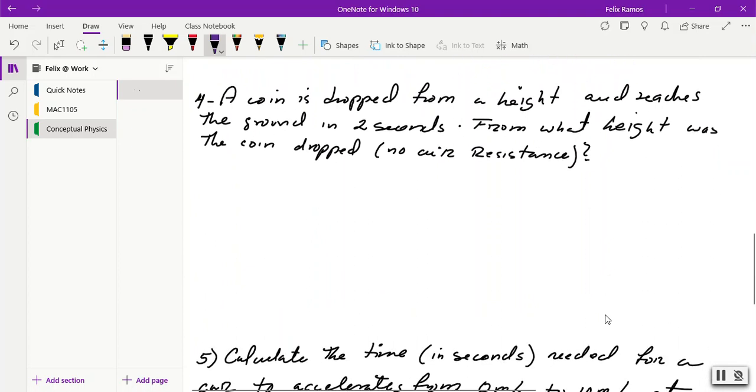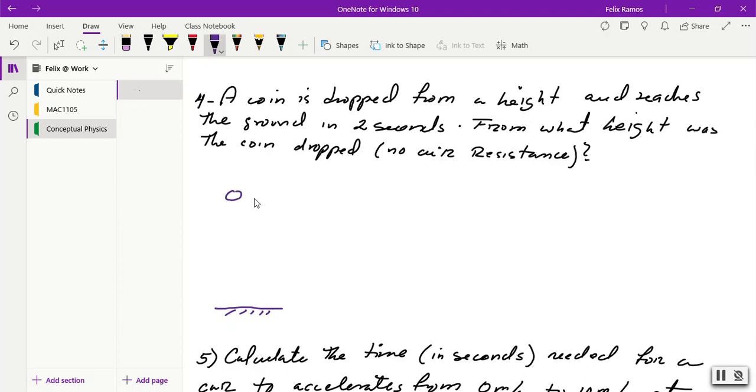that says that a coin is dropped from a height and reaches the ground in 2 seconds. So they ask from what height was the coin dropped. And we have no air resistance. So I'm going to make a sketch of my problem. I have my coin over here, right?